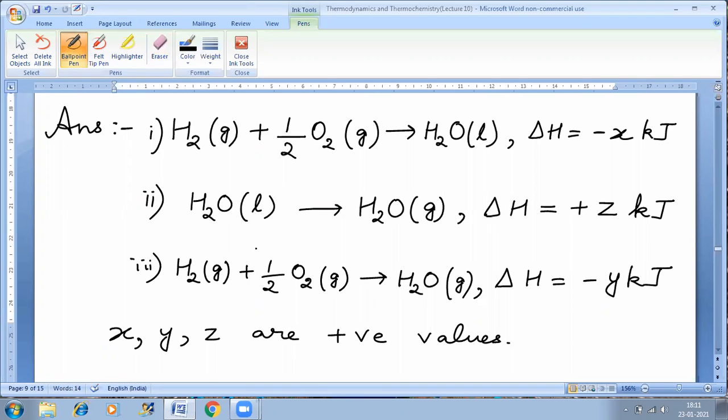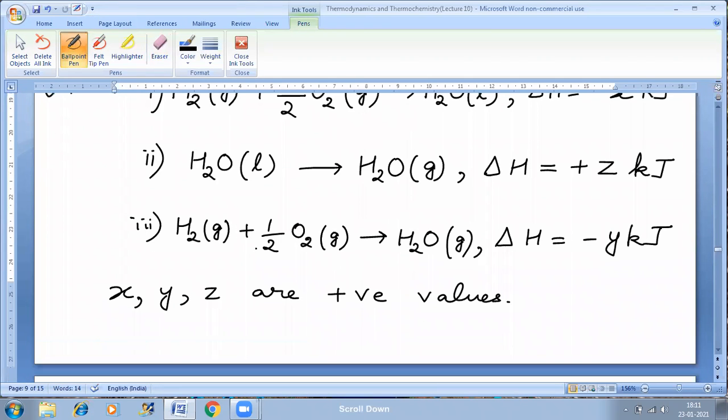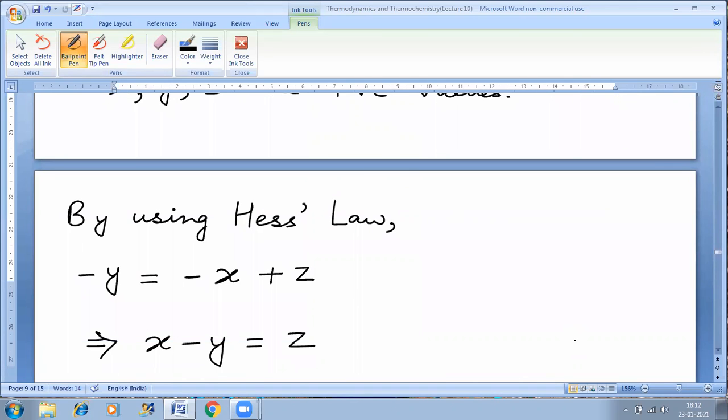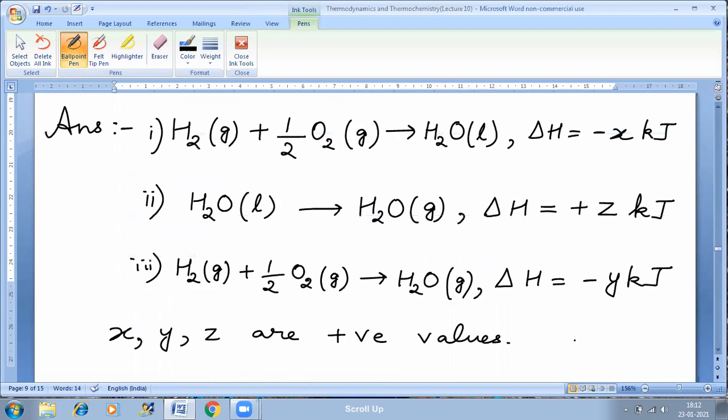So if 1 + 2 is equal to 3, I can say that delta H1 plus delta H2 will be equal to delta H3, which means minus X plus Z will be equal to minus Y. I have written the same thing here. Rearrange it a little and you will get X minus Y is equal to Z. Now Z is a positive value we discussed.